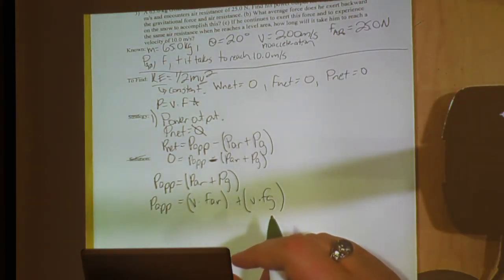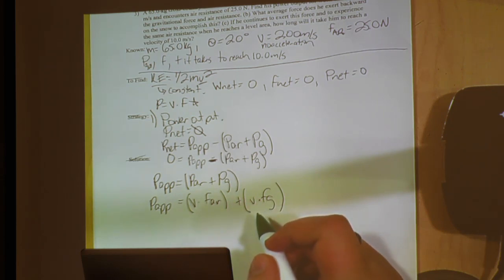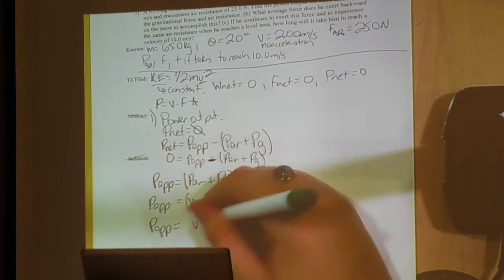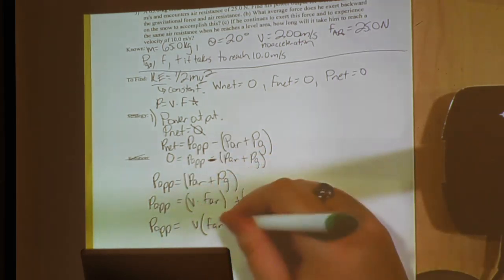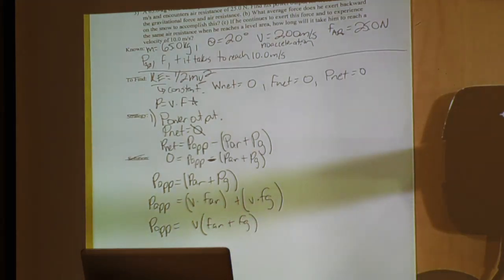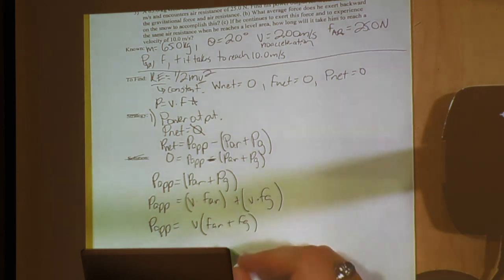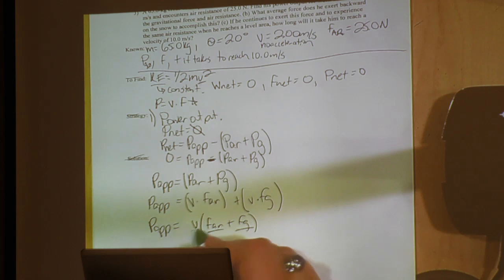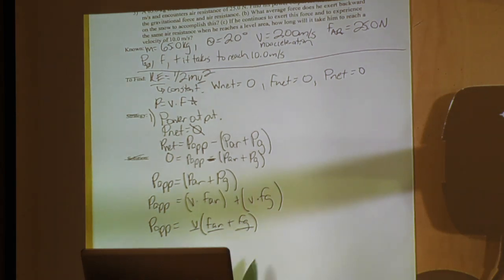So we're going to write it as velocity times the force of air resistance plus the force of gravity. Okay? Everybody see how we broke that formula down? Yeah, maybe. All right, so do we have force of air resistance? Yes. Do we have force of gravity? Do we have velocity? So can we solve for the applied power?